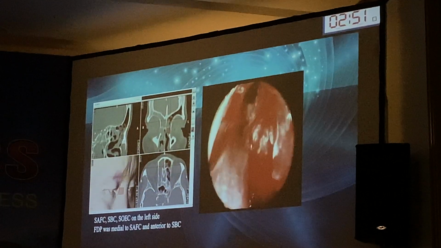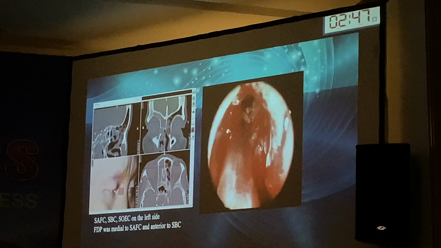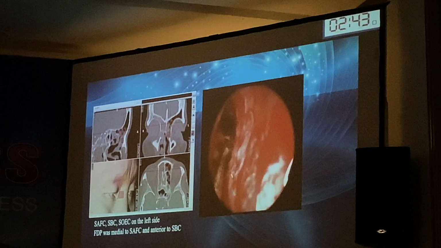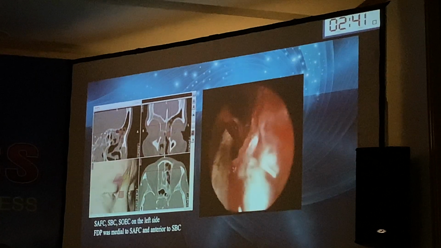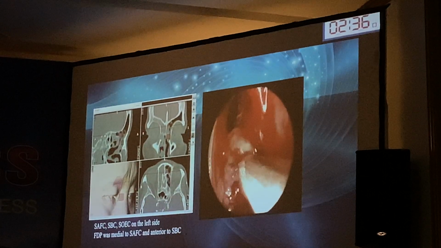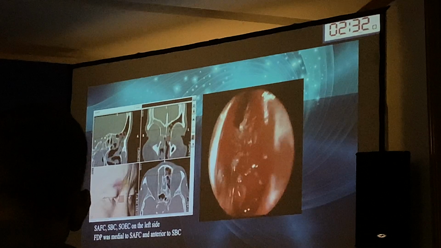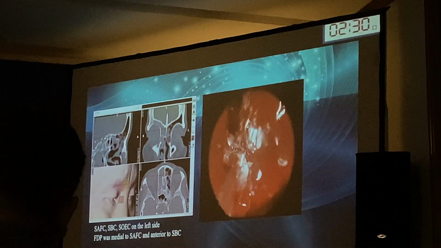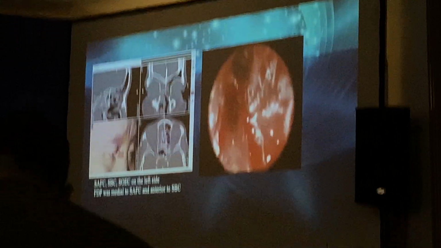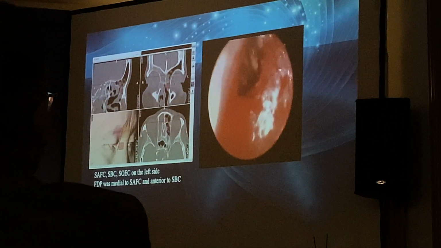This SAFC is opened up, and posteriorly we dissect the suprabullar cell. We always preserve the mucosa, just take the bony septation and then clean the rest of the mucosa with the microdebrider. You can see here this intact bulla technique. The bulla is still kept intact. We do it later.